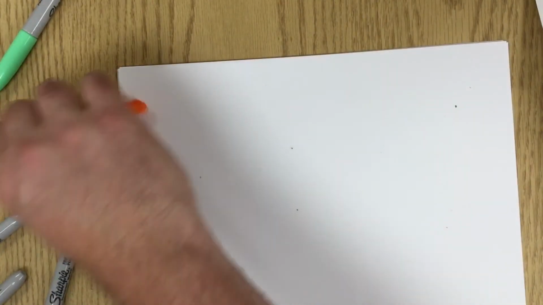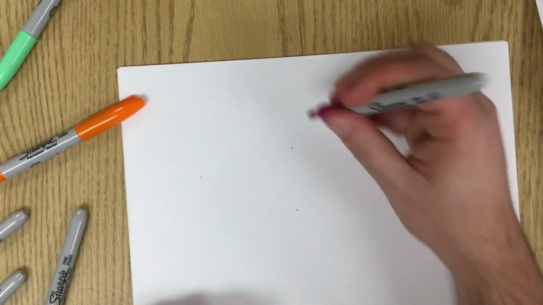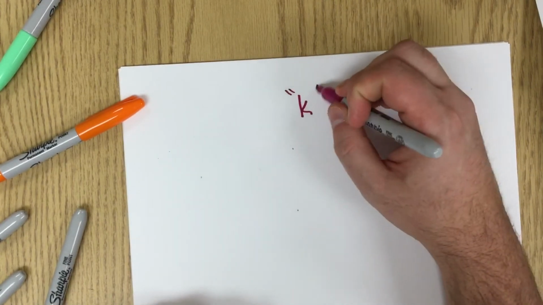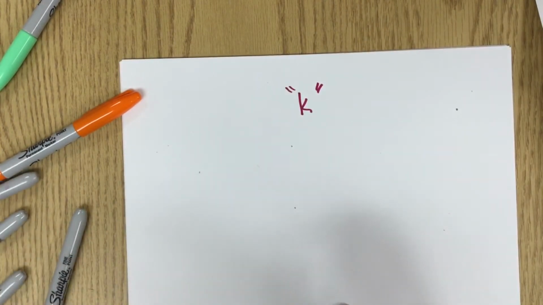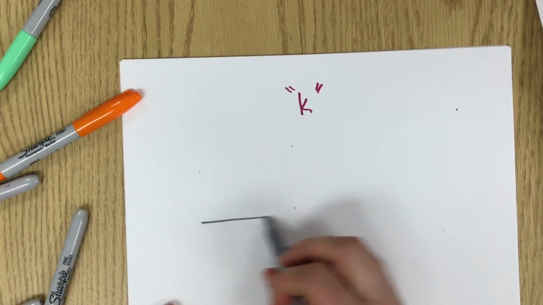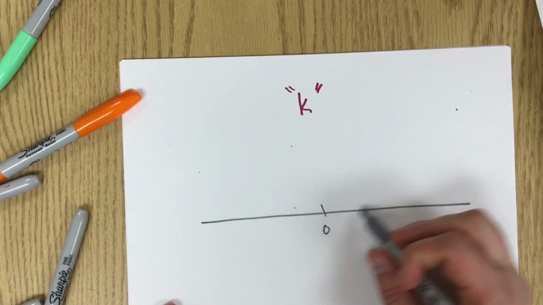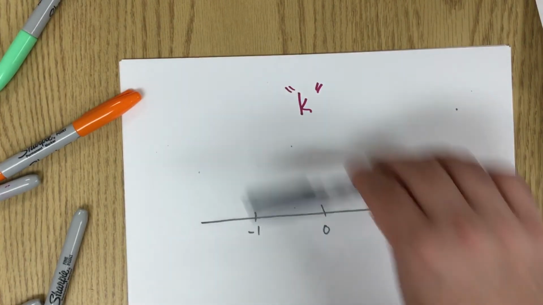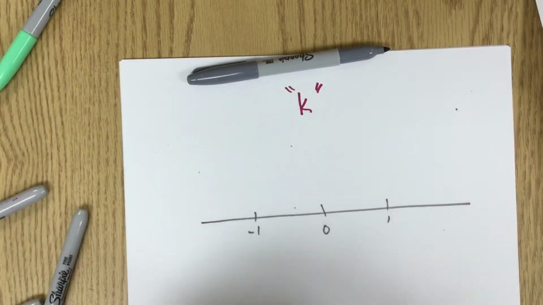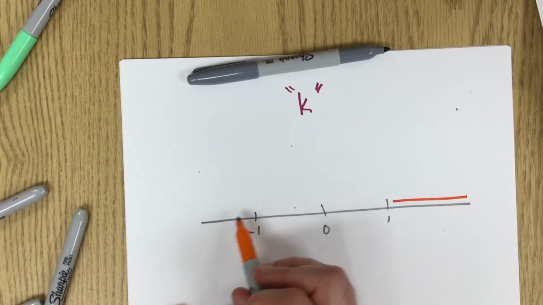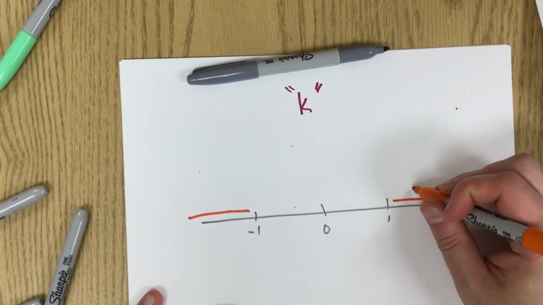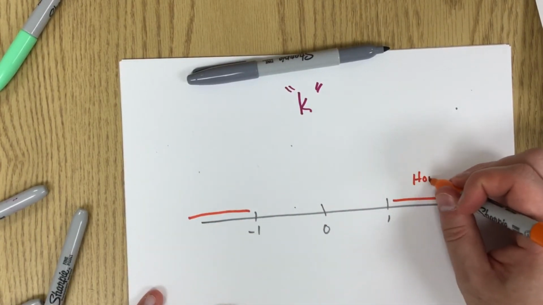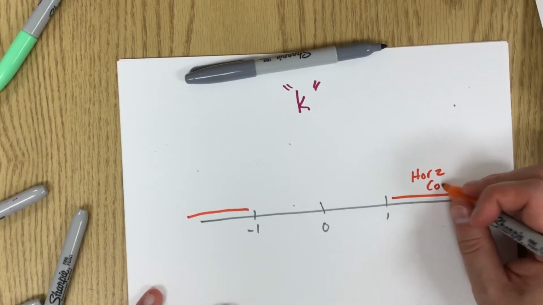So for the k, it's slightly different. For the k, we're going to have our number line. We're going to have the number line, then what we see is actually, if it's bigger than 1 or less than negative 1, it's now a horizontal compression.